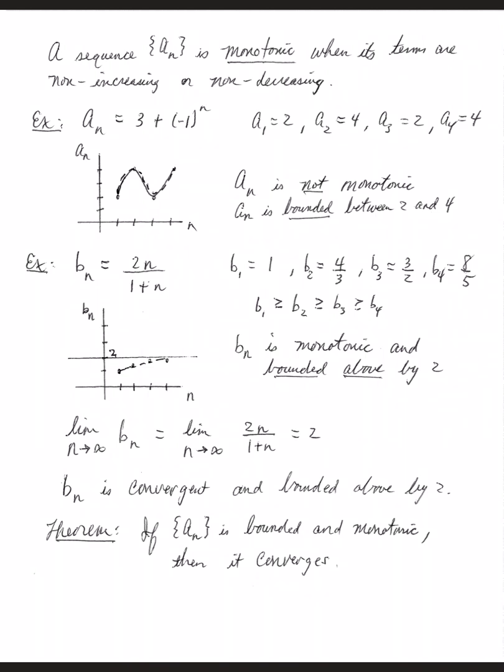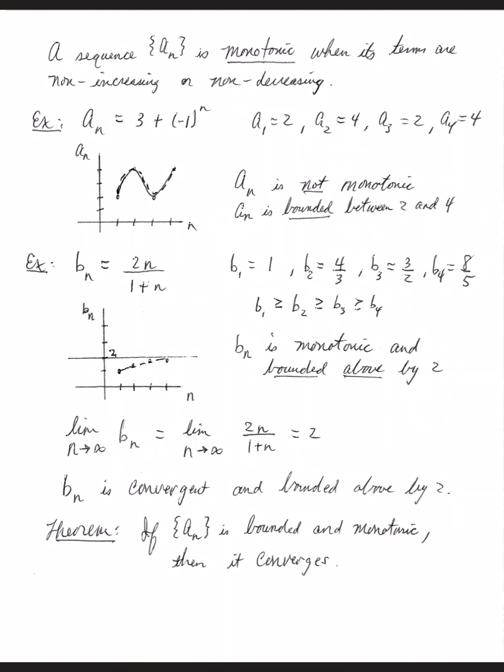Let's look at a second sequence. Let's look at b sub n defined as 2 times n over 1 plus n. If n equals 1, you get 2 over 2, which is 1. b sub 2 is 4 over 3, so 4/3. b sub 3 is 6 over 4, which reduces to 3/2.